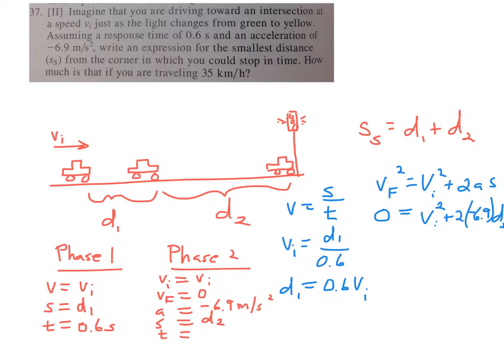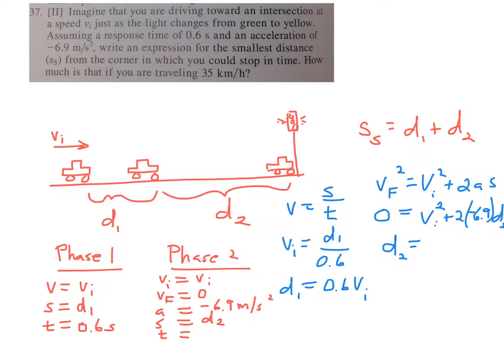All right, so my stopping distance in equation form will be d sub 1 plus d sub 2. Actually, I need to solve the equation I just wrote down there, 0 equals v sub I squared and so on. If I rearrange that and solve for d sub 2, I move the v sub I squared over to one side, I get a negative, but I'm going to be dividing by another negative eventually, so the negative will cancel out.